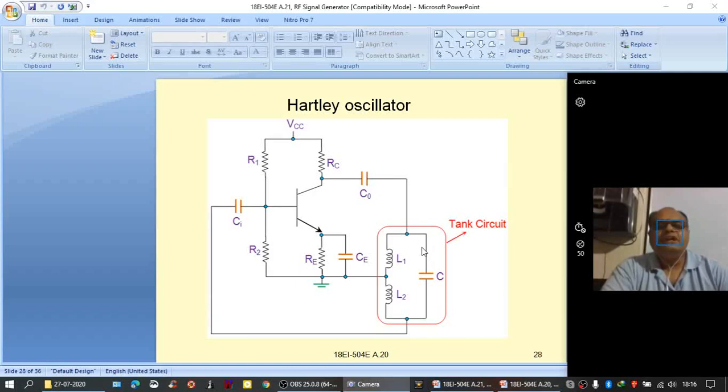Now, the tank circuit amplitude will increase. How? The capacitor in the tank circuit goes on charging towards the voltage applied across it. So, initially when the power is switched on, a very low amplitude signal is available, so the capacitor voltage would be very low.